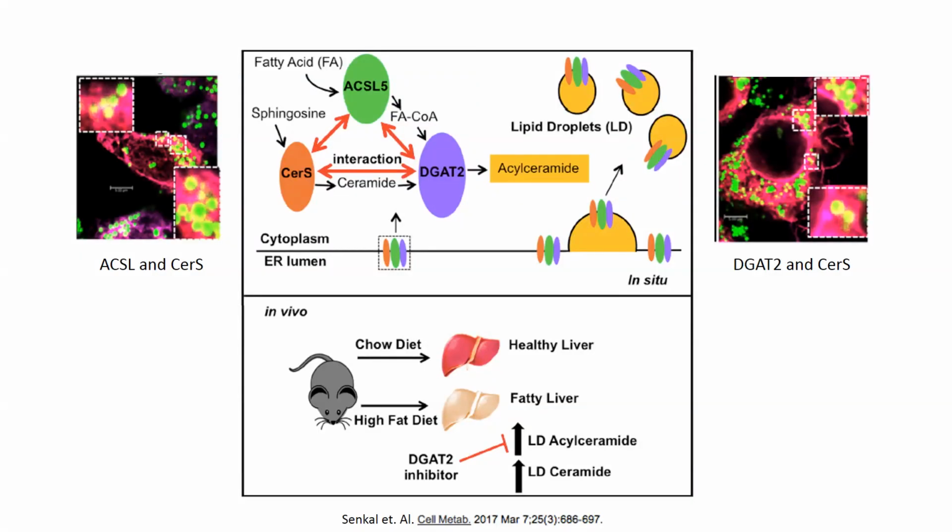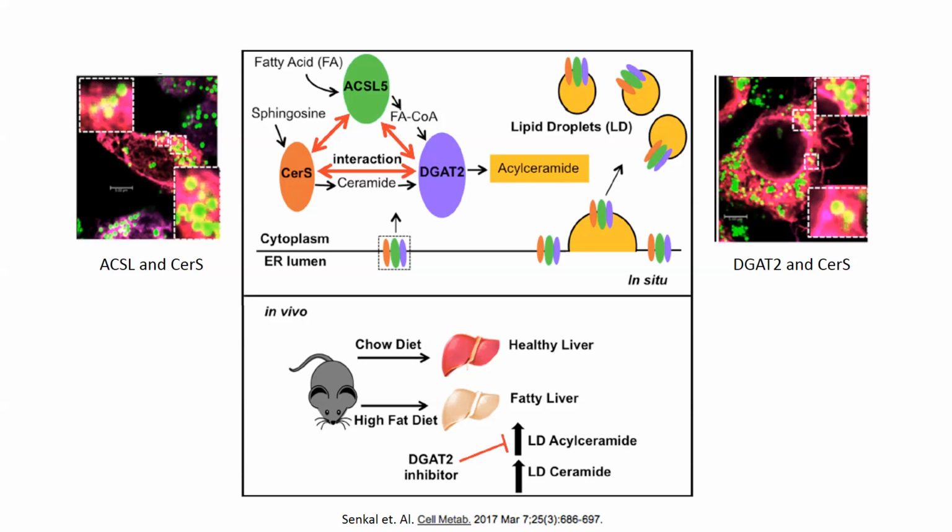So what we did then, we did a mouse model, and here we take mice and we feed them either a regular diet or a high-fat diet. And on a regular diet, we take their livers, and their livers are healthy. But if you feed them a high-fat diet, mostly oleate, a fatty acid, they have fatty liver.